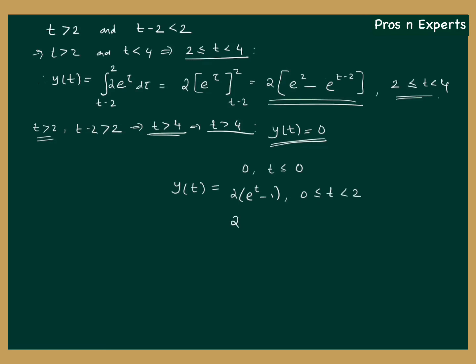And in the next interval it was 2 times (e square minus e raised to t minus 2) for 2 less than or equal to t less than 4, and finally 0 for t greater than or equal to 4. This is the final output.